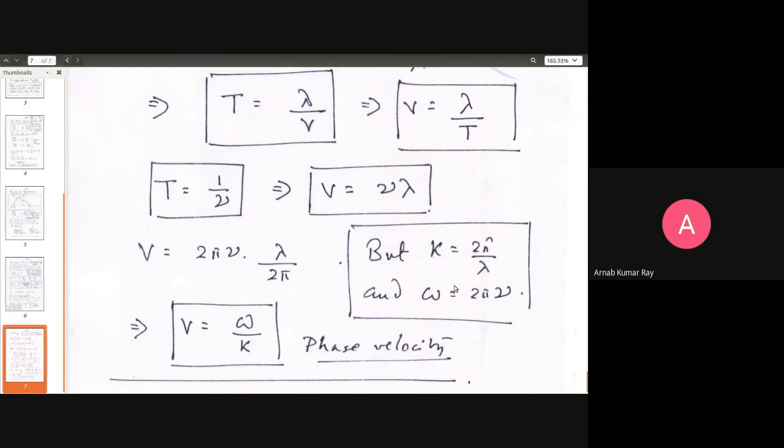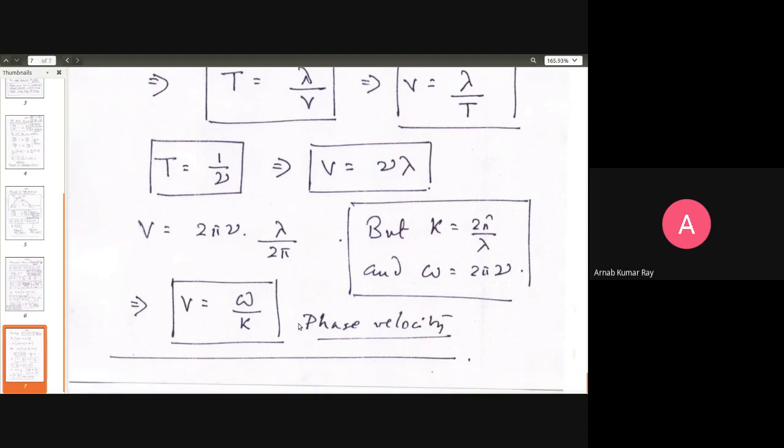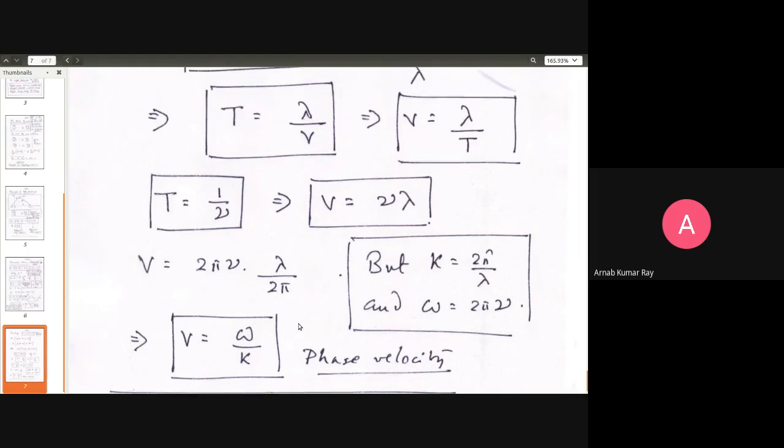So k is equal to 2 pi by lambda, omega is equal to 2 pi nu. Therefore, V can also be written as omega by k, and this is known as the phase velocity. In school, you would have studied V is equal to nu into lambda. Here, the same thing can be recast in slightly different form. V is equal to omega by k, that is the phase velocity of the wave.